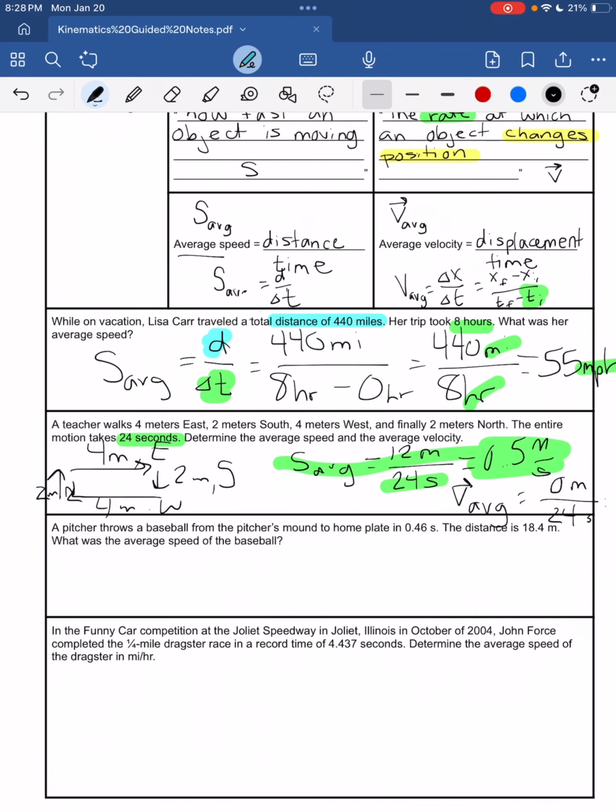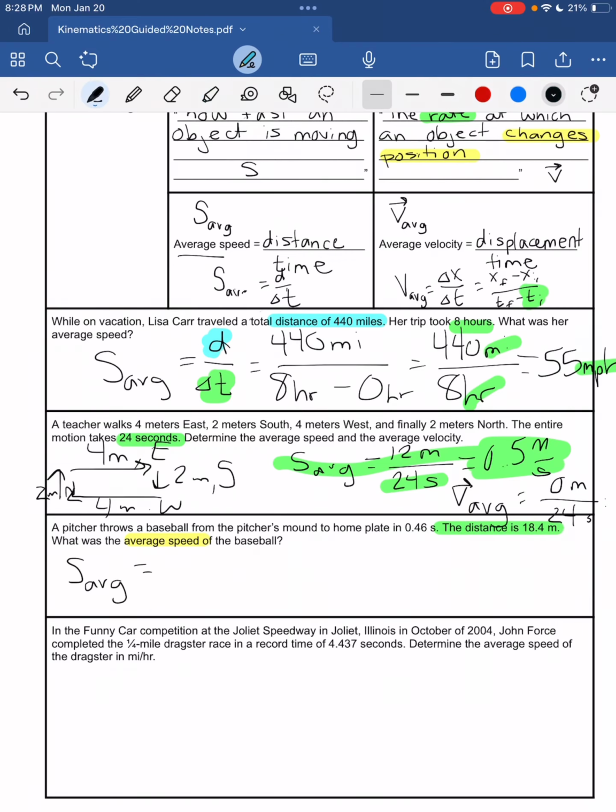Okay, let's look at one more. A pitcher throws a baseball from the pitcher's mound to the home plate in 0.46 seconds. The distance is 18.4 meters. What was the average speed of the baseball? So speed average equals distance divided by time. In green, the distance is 18.4 meters.